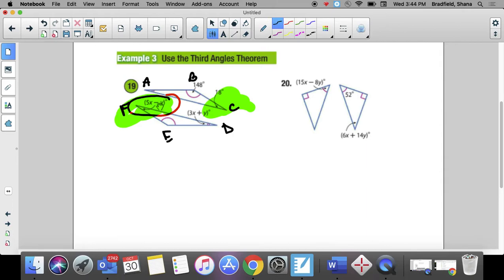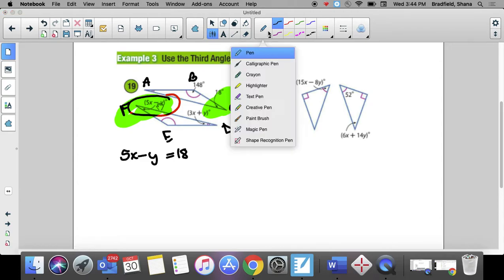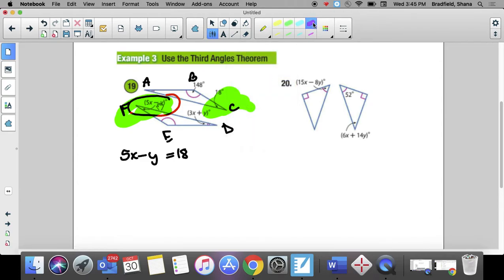So I'm going to write that equation: 5x minus y equals 18. I also know that angle D, which has the expression 3x plus y, is going to be equal to angle A. I'm going to have to do some math to figure out what angle A is.